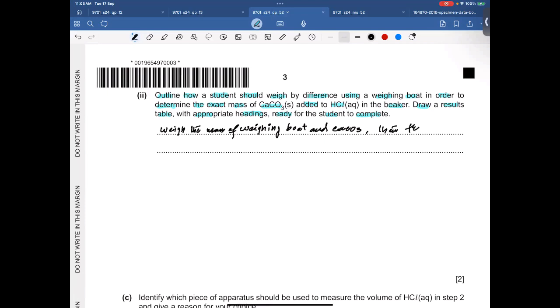Then transfer calcium carbonate and then reweigh the weighing boat.